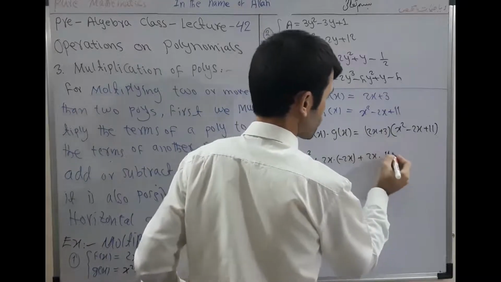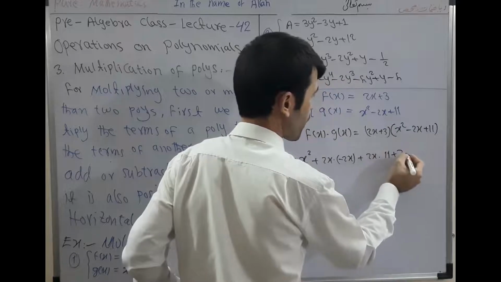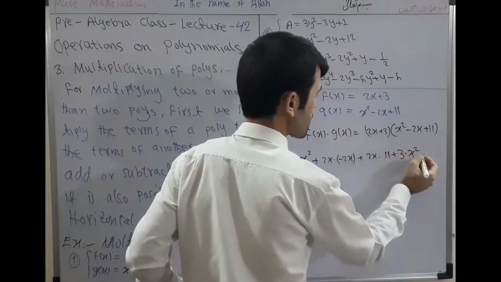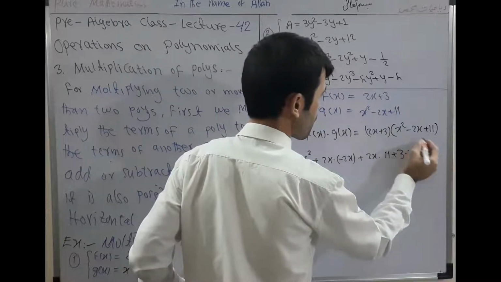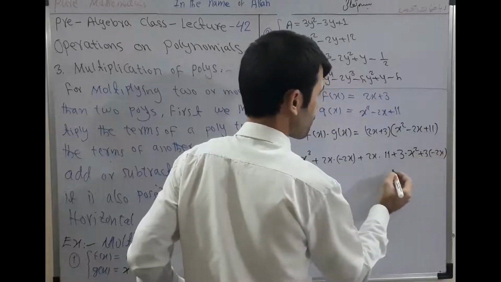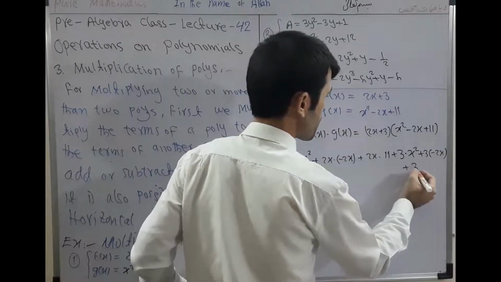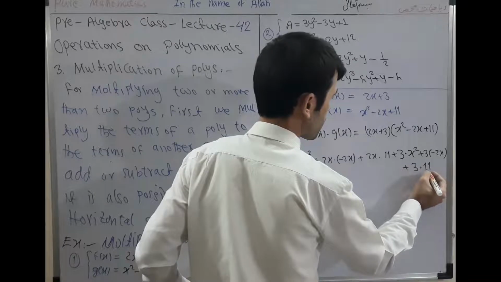Now another term is 3. 3 multiplied by x squared, plus 3 multiplied by minus 2x, plus 3 multiplied by 11.